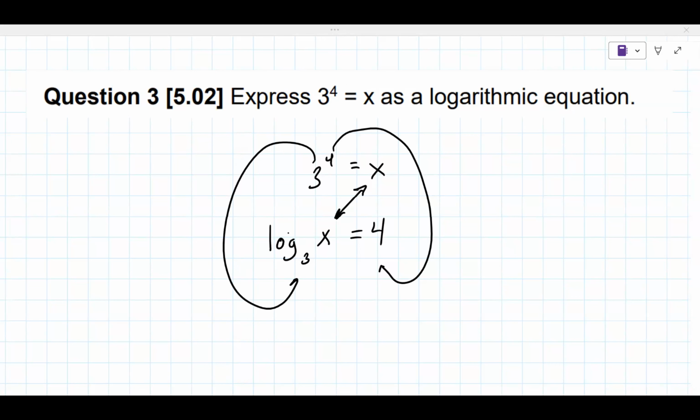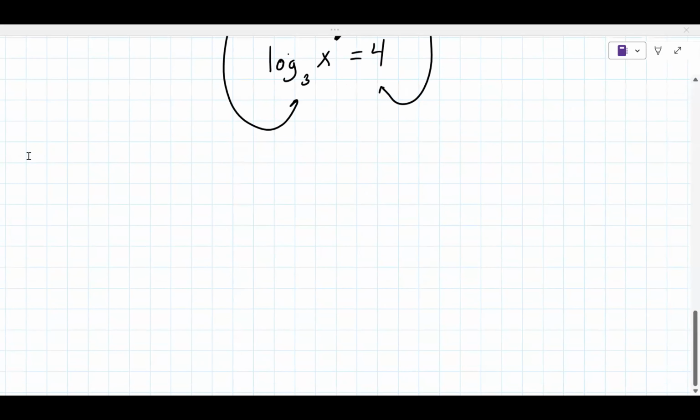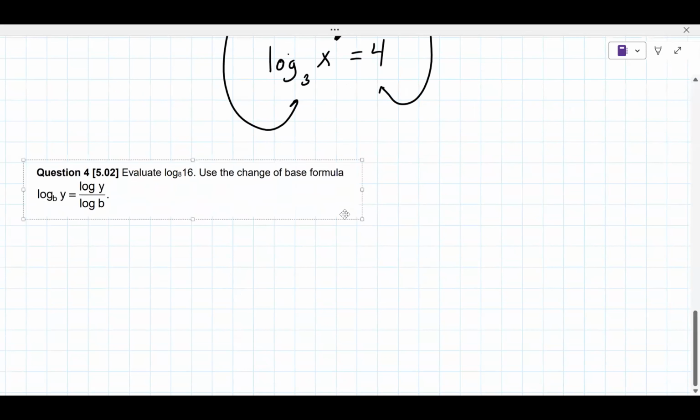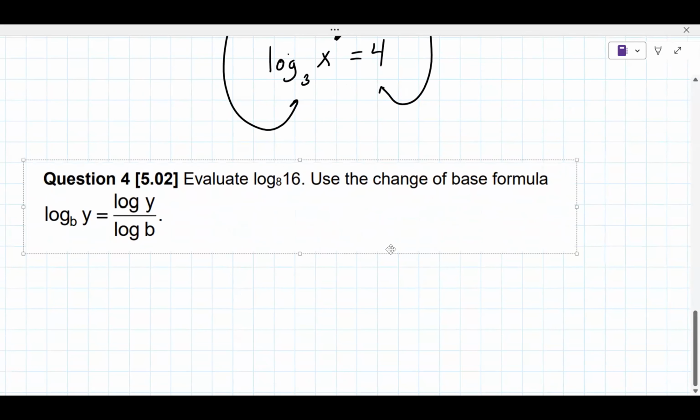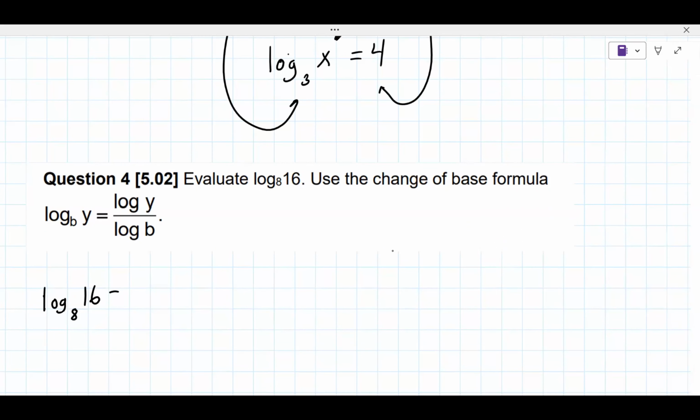Okay, number 4. All right, so evaluate log base 8 of 16 using the change of base formula. So it's log base 8 of 16 equals. All you have to do here is map where the b goes and where the y goes.